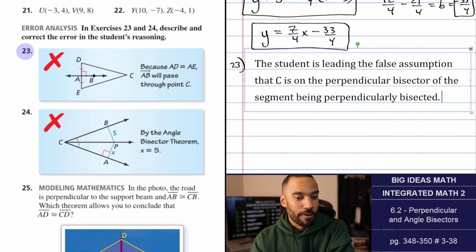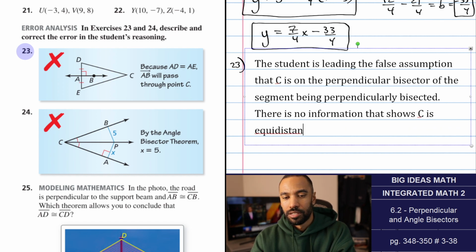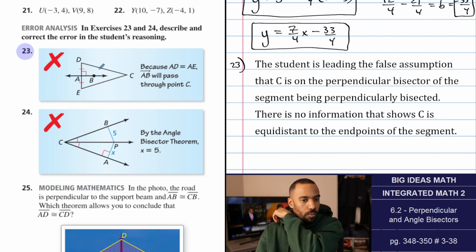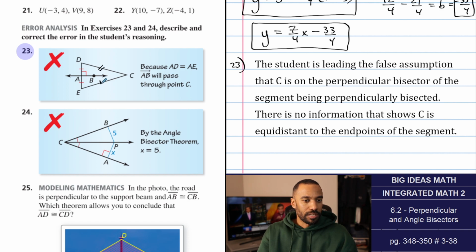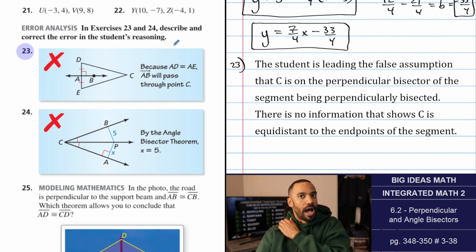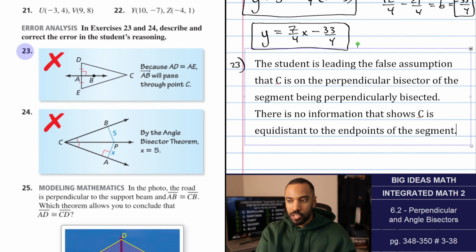There is no information that shows C is equidistant to points D and E, to the endpoints of the segment. I don't know how to correct it. If we had this information, then you'd be good. If you had information that points A, B, and C are collinear, then you'd be good. I guess the thing we have to say is this is inconclusive.